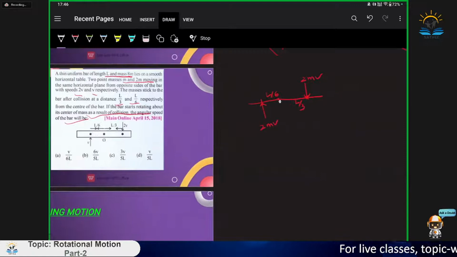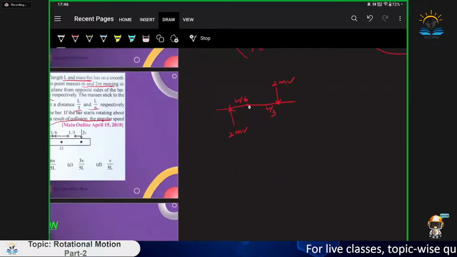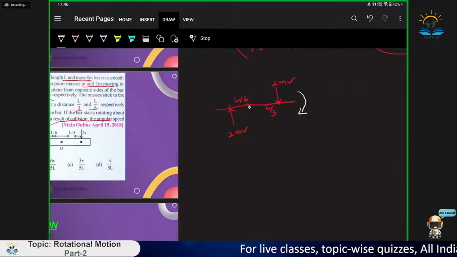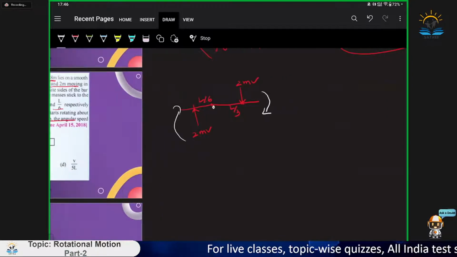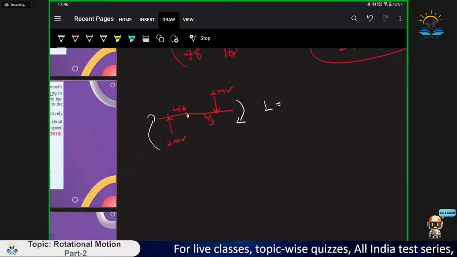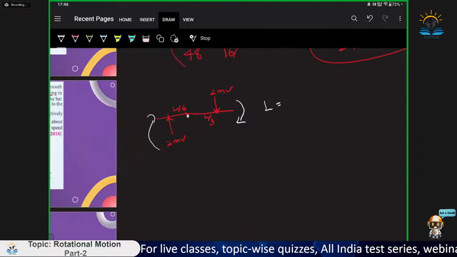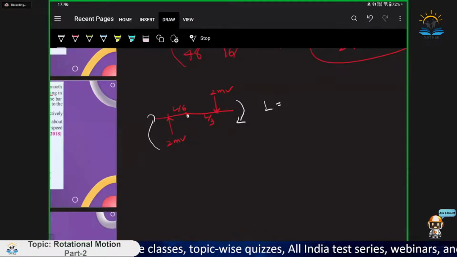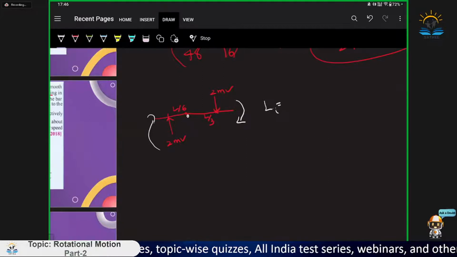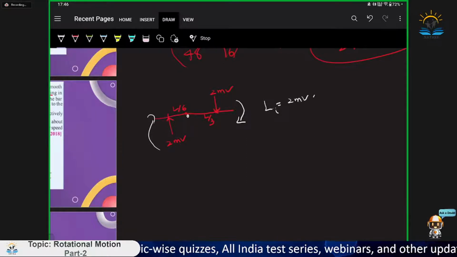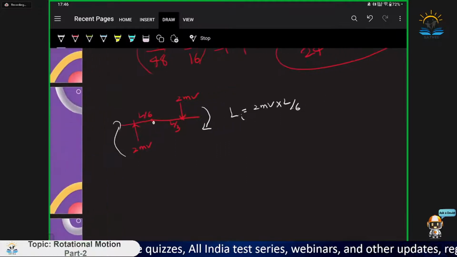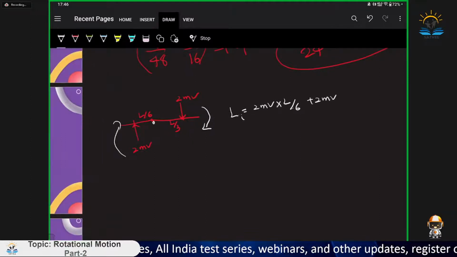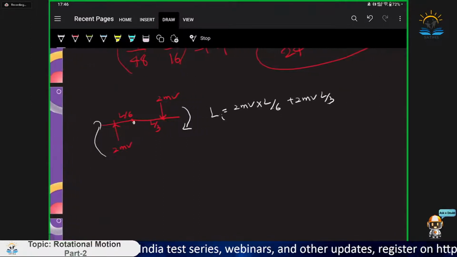Because of this 2mv, the angular momentum is in this direction, and this 2mv also in this direction. This is the same direction, so just add up. Initial angular momentum will be 2mv into perpendicular distance L/6 plus 2mv into perpendicular distance L/3.